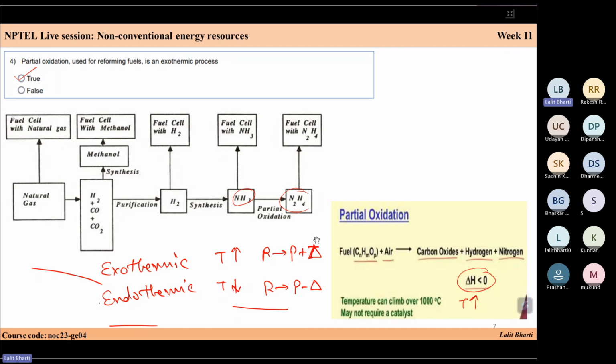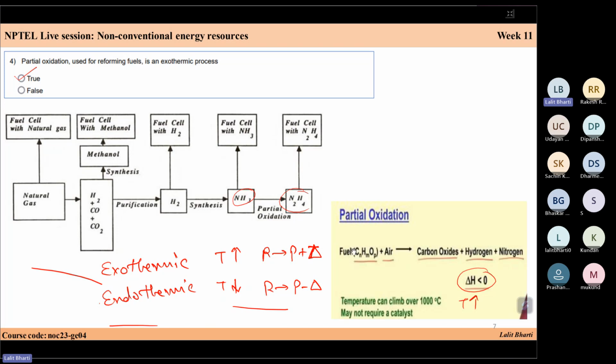Let's say this is the sign of heat. So you're getting some heat, so this is an exothermic process. When the heat is absorbed during the reaction, then it is an endothermic process, so the products will be colder compared to the reactants. Also we need to see what partial oxidation is.